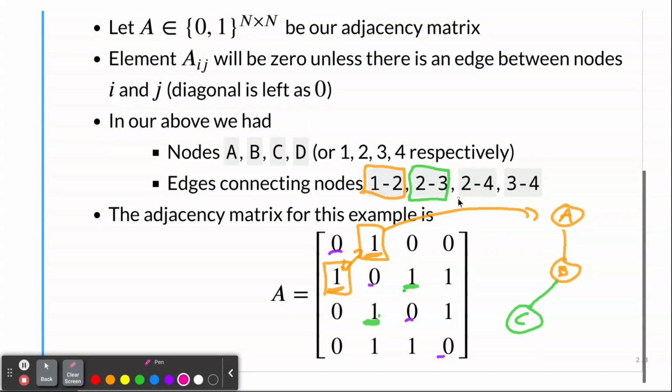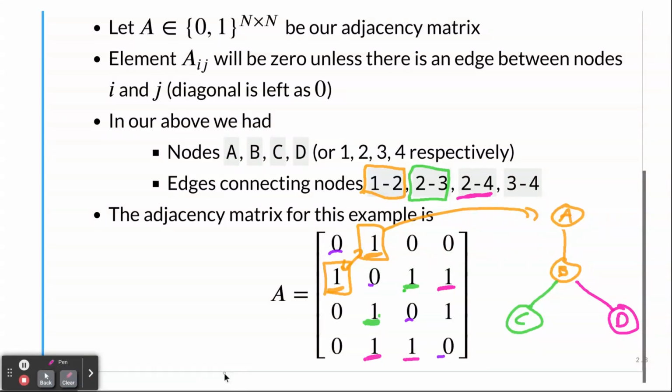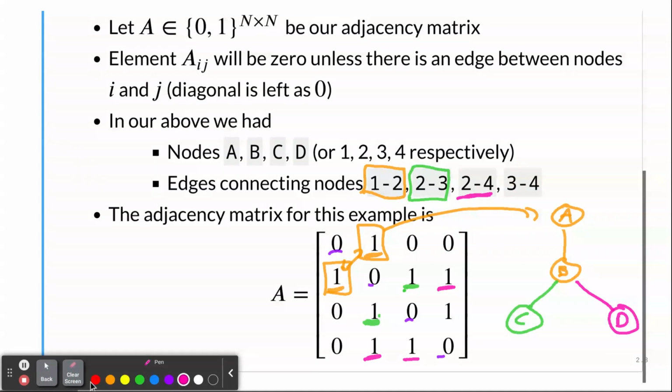We may also think about the edge from B to D, which would be the 2, 4 element, or the 4, 2, excuse me, element in our matrix. And then finally, we have one more edge, which is the 3, 4 edge that connects C and D. So that would be this element here and this one, because we have row 3, column 4, and the symmetric version. So this is the adjacency matrix for the undirected graph we had on the previous slide.